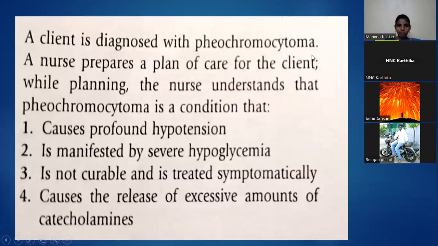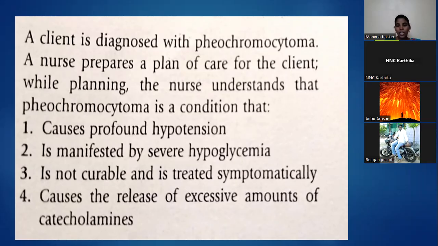Next one. There are so many questions from endocrine, different types of questions. This is a big topic, so try to take the key points. A client is diagnosed with pheochromocytoma. The nurse prepares a plan of care for the client.